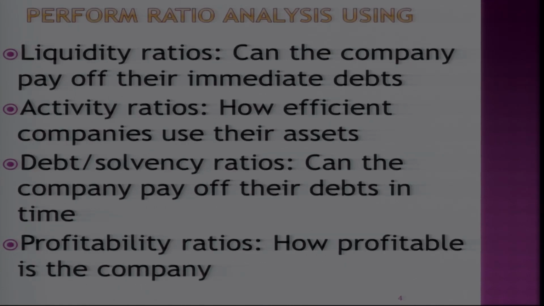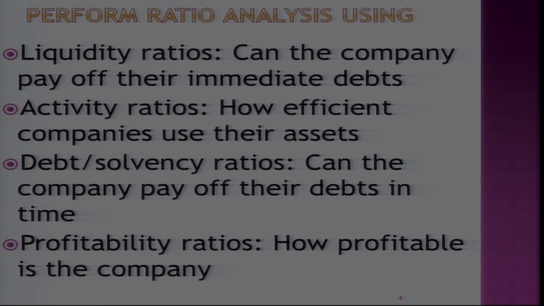And then we perform ratio analysis using certain ratios. Liquidity ratios basically measure, can the company pay off their immediate debts? Immediate debts are your current liabilities, like for example your creditors and your expenses. Will they be able to pay that off? The activity ratios: how efficiently are companies using their assets?